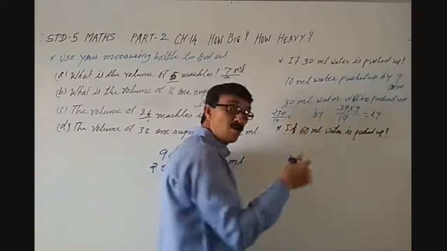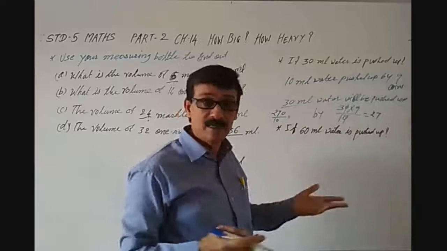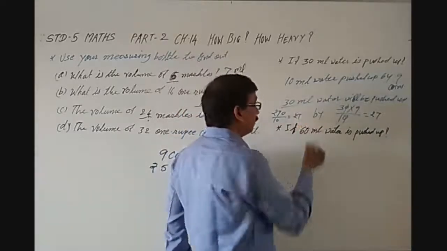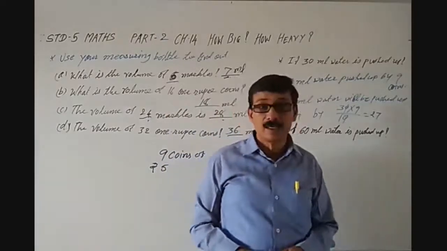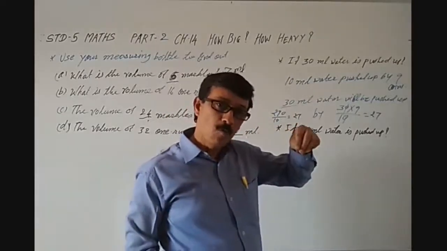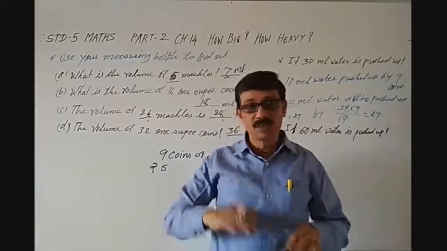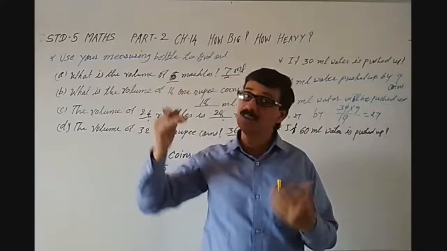So now divide 270 by 10, you will come to know 27. So 27 coins, isn't it? So Molly would have put 27 coins so that 30 ml of water is pushed up.